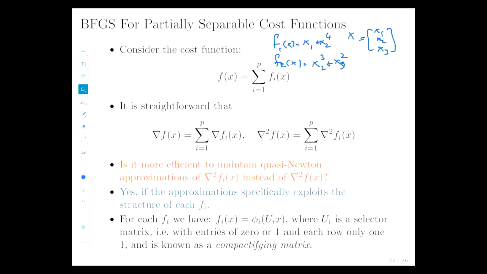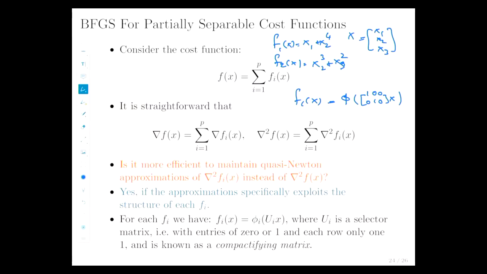So we can have a transformation that really just rewrites it. For example, in this example, f1 only depends on x1 and x2, so I can rewrite f1 of x as phi of the matrix 1, 0, 0, 0, 1, 0 times x, right?